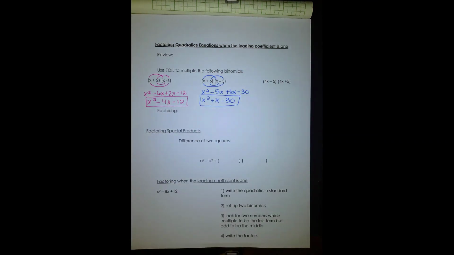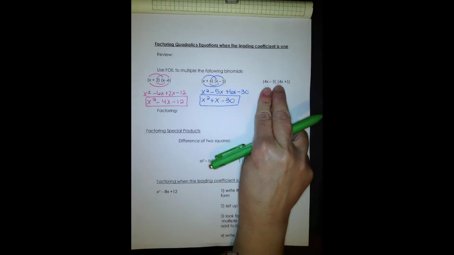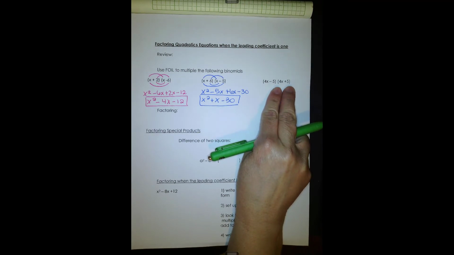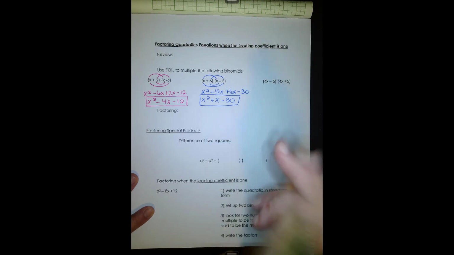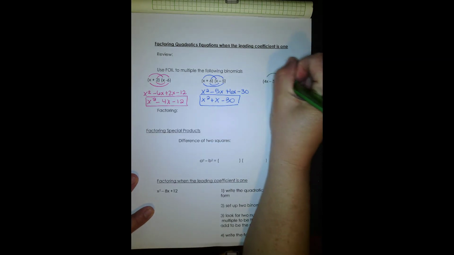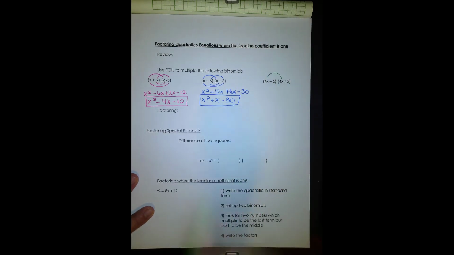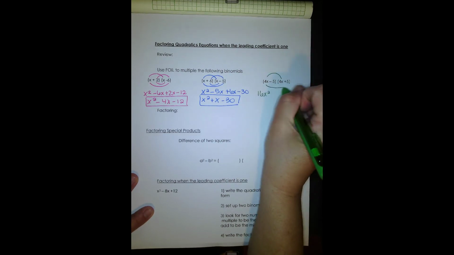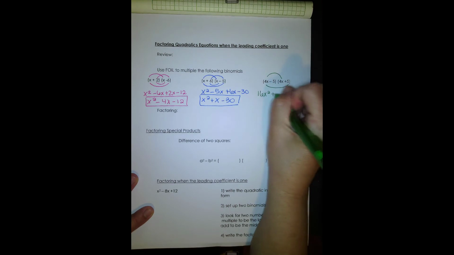And then our very last one, we have 4x minus 5 times 4x plus 5. Notice that the first two terms are the same, and our last two terms happen to be opposites of each other. So let's see what happens with this. First times first, we end up with 16x squared. Outside times outside plus 20x.